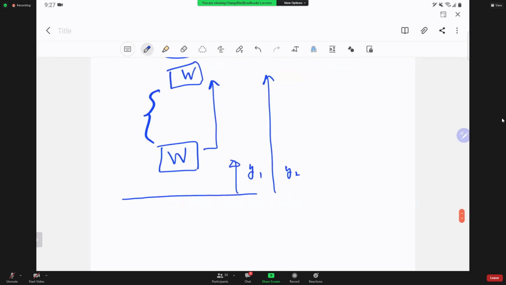When I move the block of weight W, the load or the force applied here is moving downward against the direction I'm moving.